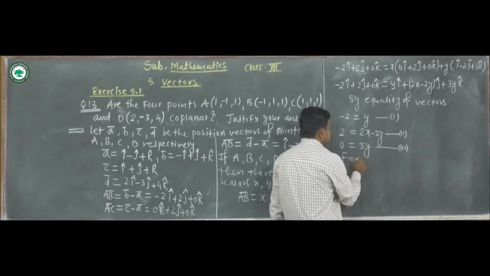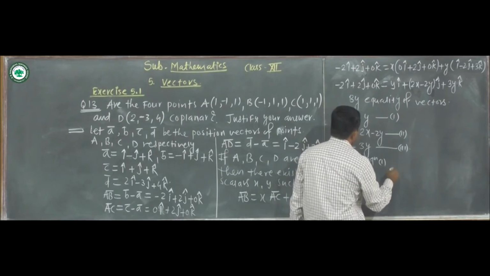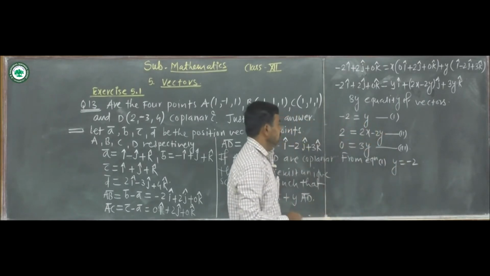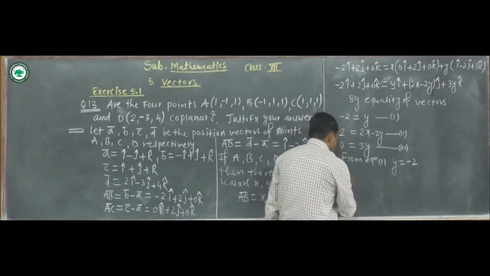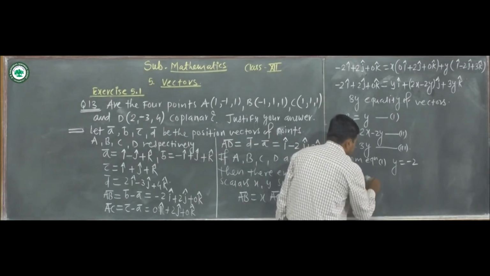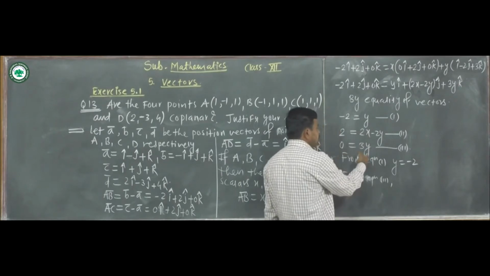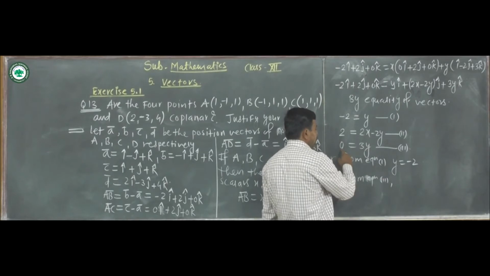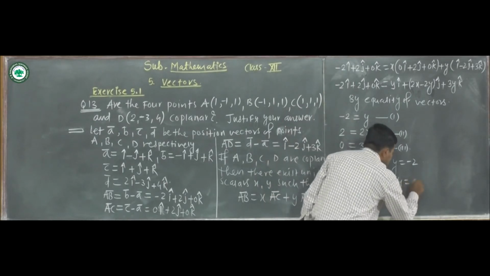See, from equation 1 we get y is equal to minus 2. And from equation 3 we get 3y is equal to 0, means if we divide this equation throughout by 3, 0 upon 3 is 0, 3 divided by 3 is 1, so y is equal to 0.